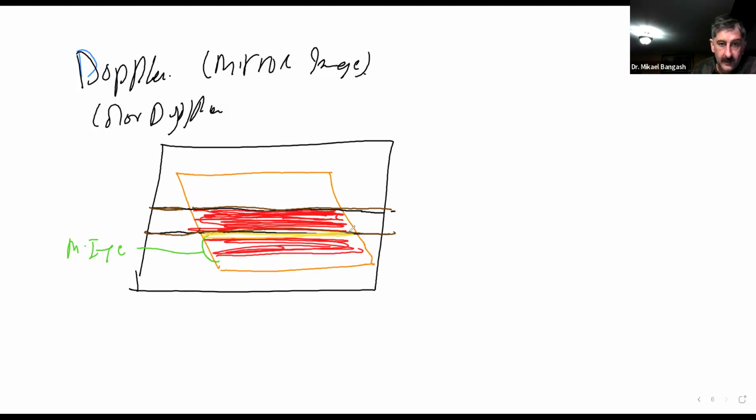So you can actually say that in this case, the deeper wall of the blood vessel acts like the mirror. And that's why deeper to it, this here was your mirror image. You guys get that?